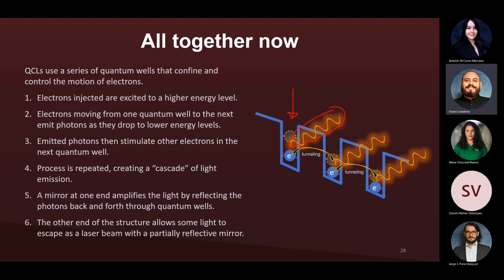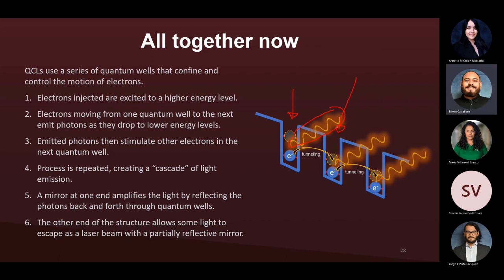By doing that, it's going to lower its energy state again, because the quantum wells are going to be slightly below the previous one, right? The previous one is going to be at a specific height, the other one's going to be lower, and the other one's going to be lower, and the other one's going to be lower. And when the electron does the quantum tunneling, it's going to keep lowering its energy state, and it's going to keep emitting photons.